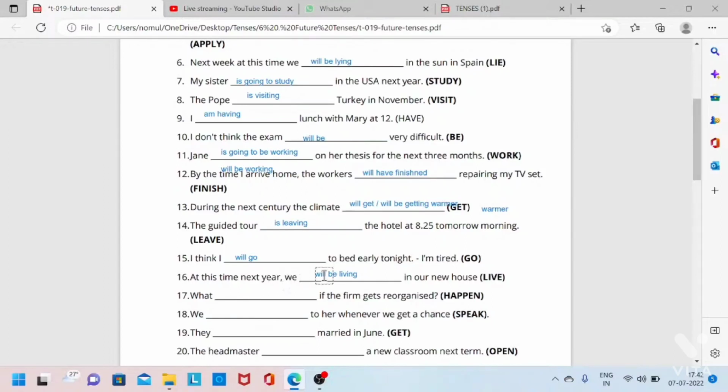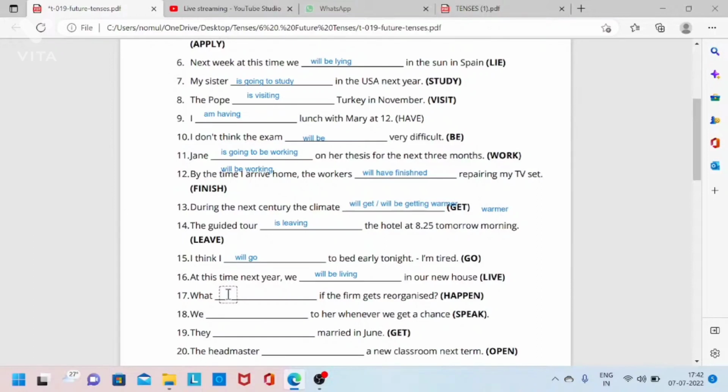Okay, so we will be living. We already have an equation, and by using the equation we are completing all these blanks. Do the same method, just don't copy like this, but you can go through it like how I got it. By seeing the equations we can easily do it.